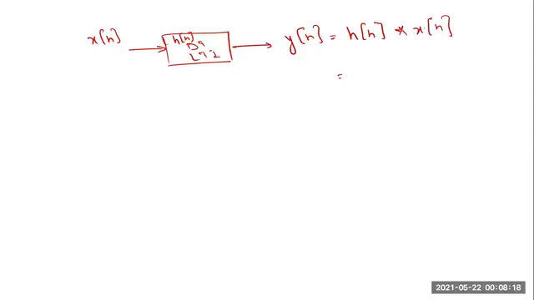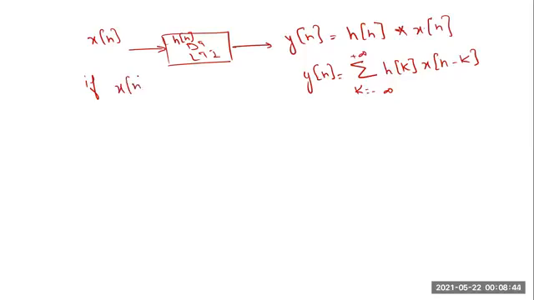If you expand this convolution operator, this is basically the summation from k equal to minus infinity to plus infinity of h of k x of n minus k. But if you assume that the input is a complex exponential represented by z to the power n, let's find out what y of n is.